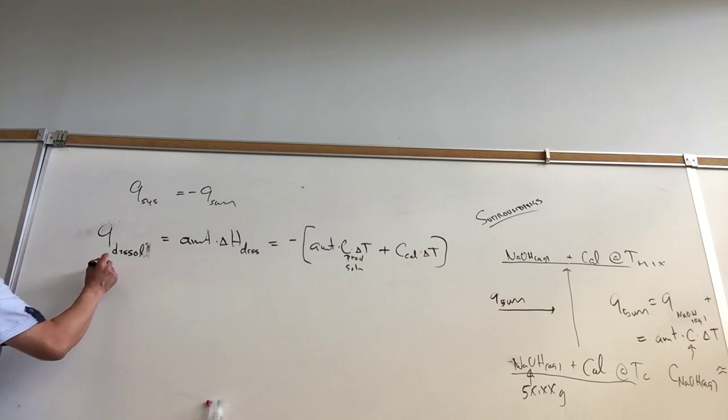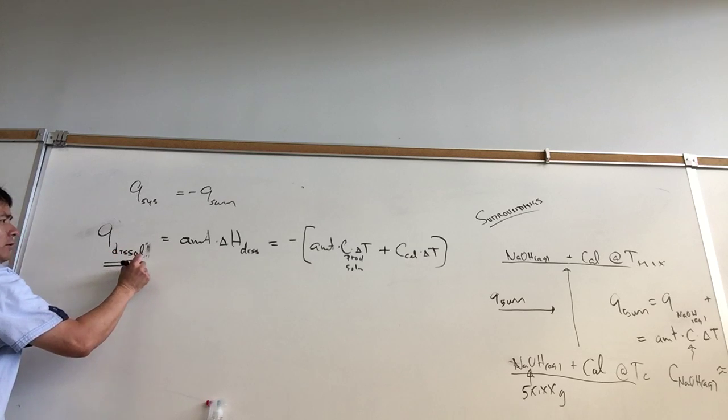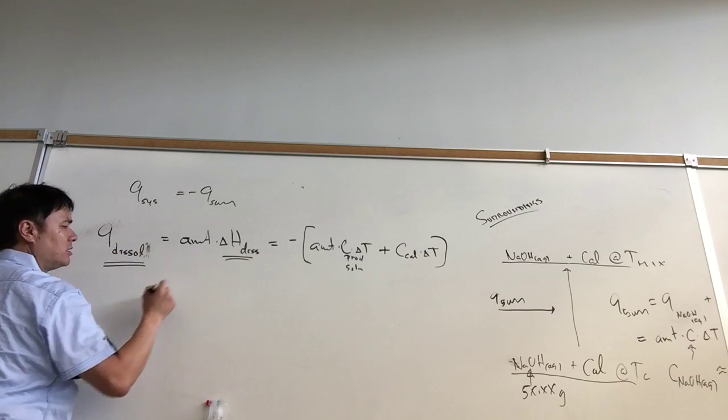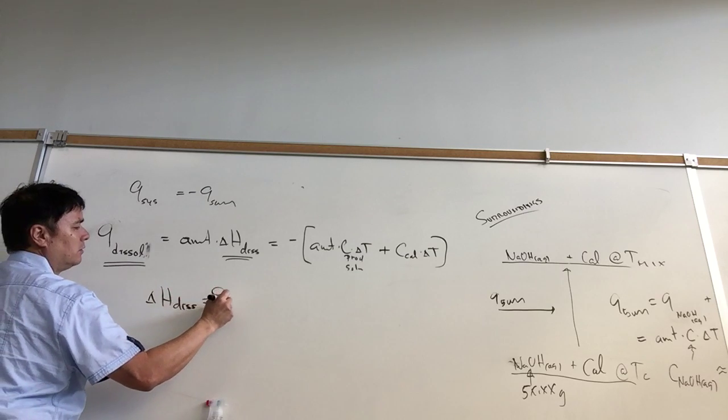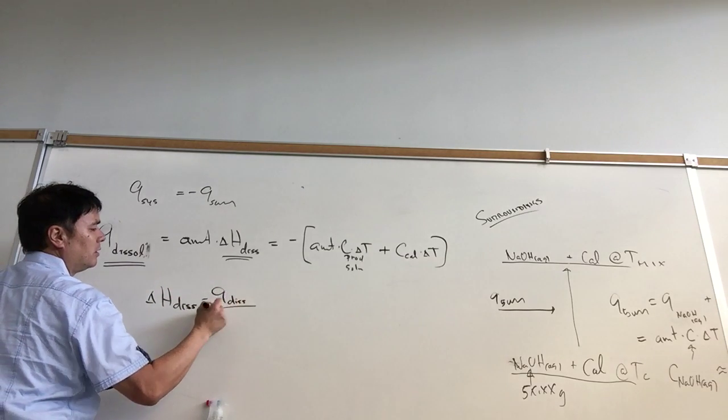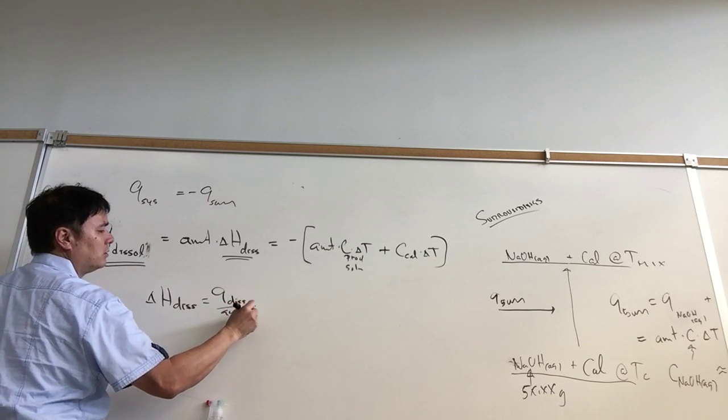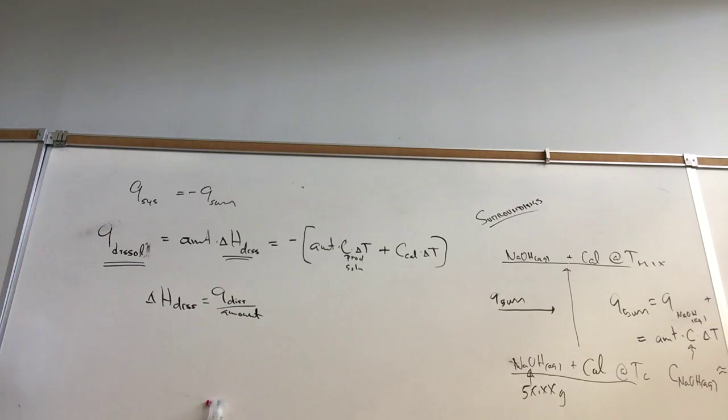And so in the calculations, you're going to calculate Q, and then you're going to calculate delta H of dissolution. Delta H of dissolution is just equal to Q of dissolution divided by the amount. The amount of sodium hydroxide, well, you're going to get 2 units for this.